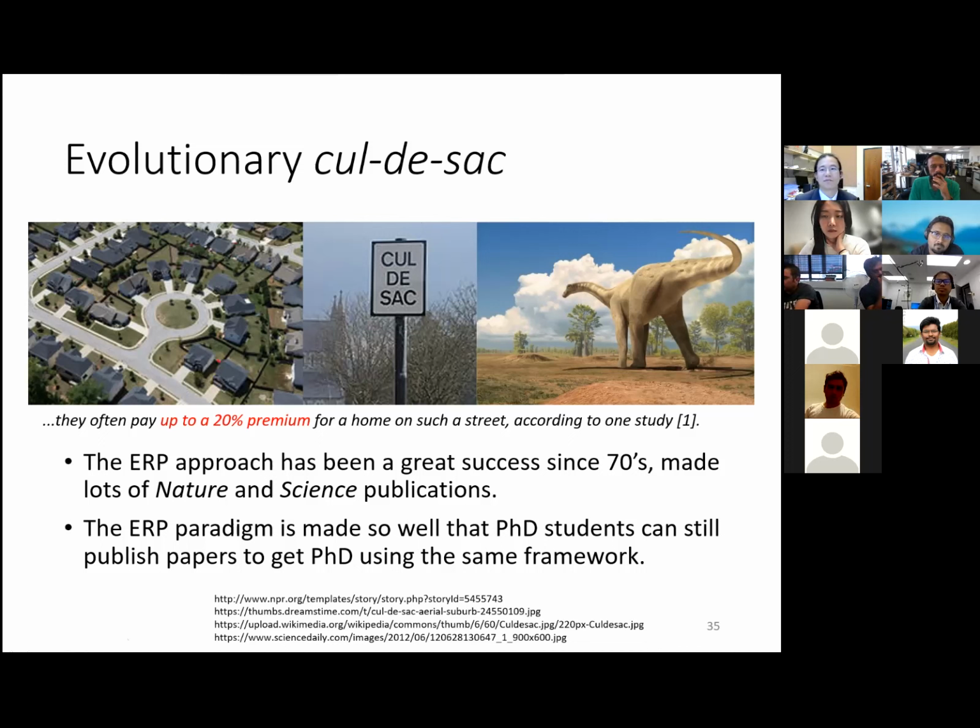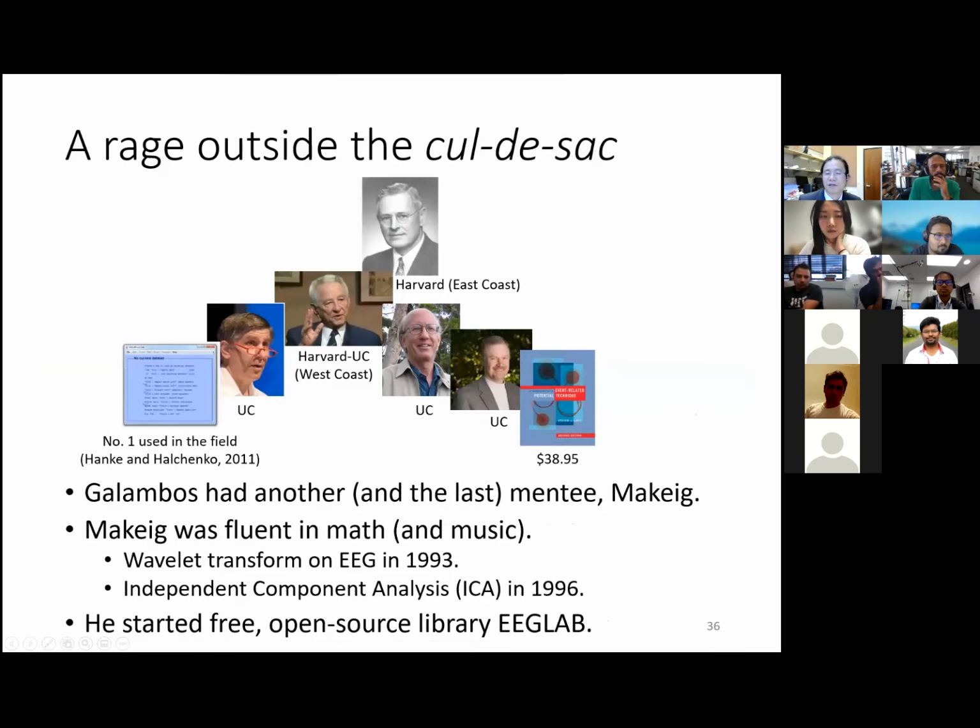Even though we have such powerful computers today, the memory space has expanded from 16 bits to 32 bits, and now we use 64 bits. Why do we still stick to this limited analysis? And my mentor was definitely jumping out of this cul-de-sac.